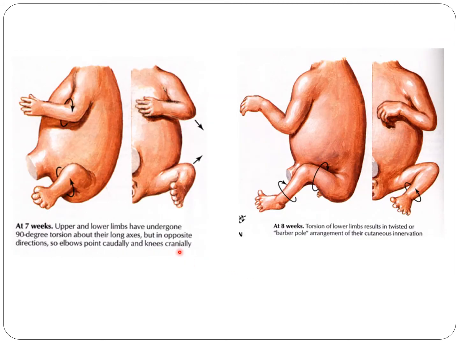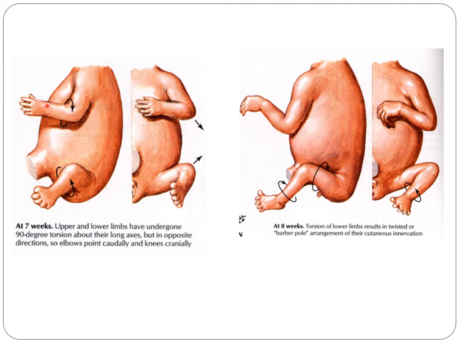In the seventh week, a very important thing is happening, that there is a rotation of the limbs along the long axis. We have discussed that this was the long axis, this was the long axis. So the limbs are rotated. The upper limb, which has the pre-axial border over here and post-axial border over here, rotates laterally.